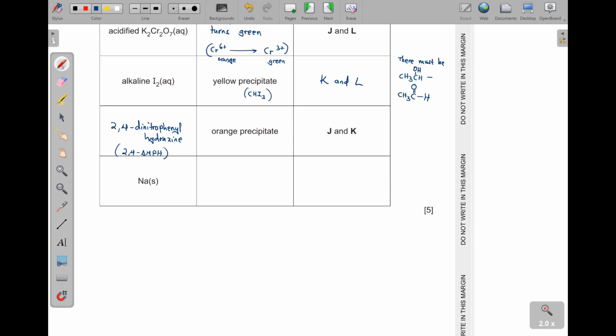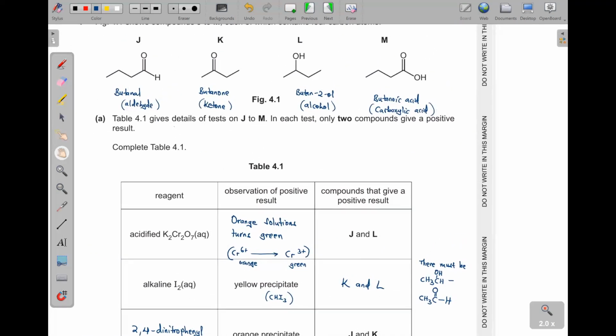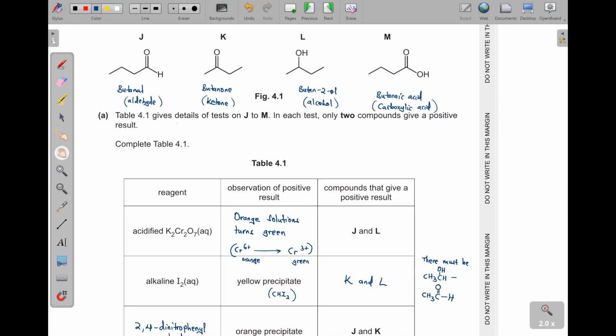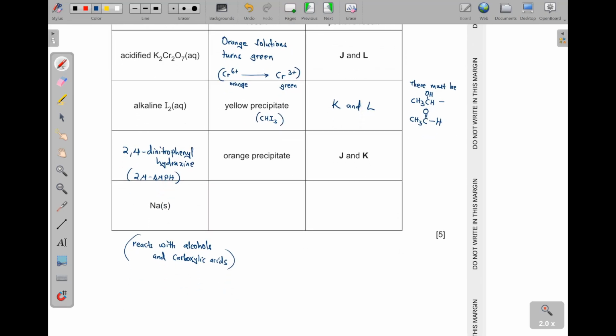Sodium reacts with alcohols and carboxylic acids. Okay, so which alcohols do we have? We have L and then carboxylic acid M. So we shall put L and M.